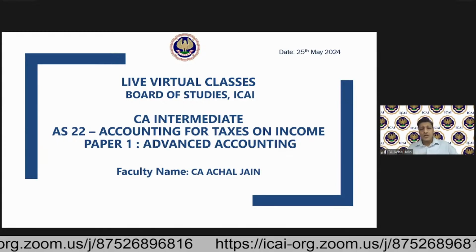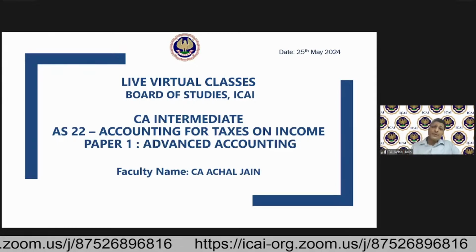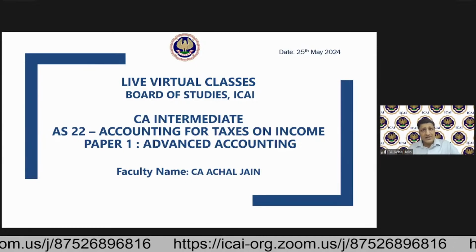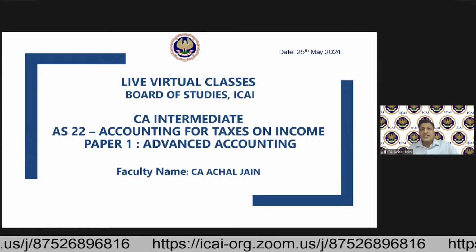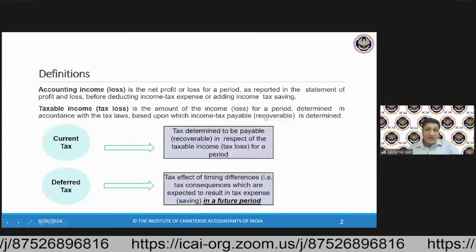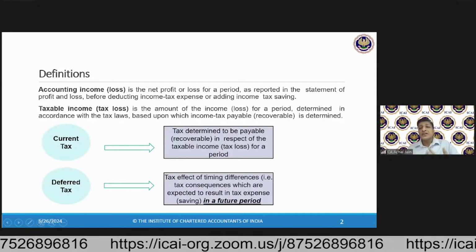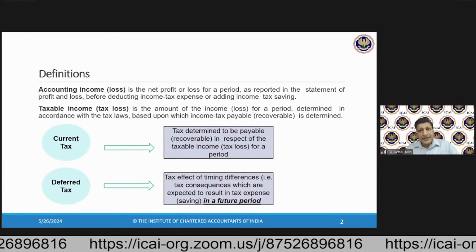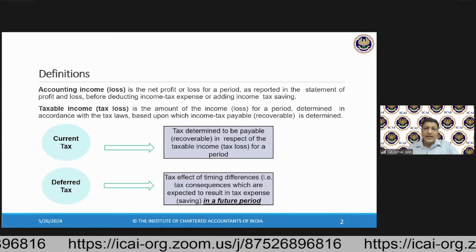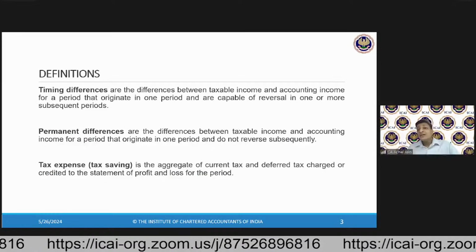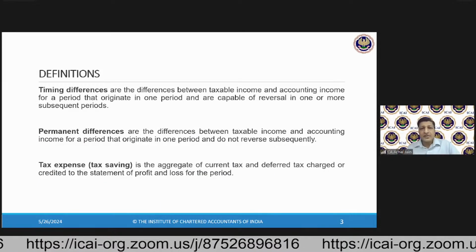Okay. So now, we touched upon this topic, Accounting Standard 22, yesterday as well, and we briefly discussed the timing differences, wherein we discussed what is accounting income, what is taxable income, and how we get the timing differences.